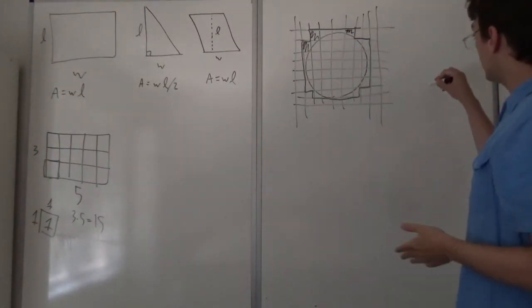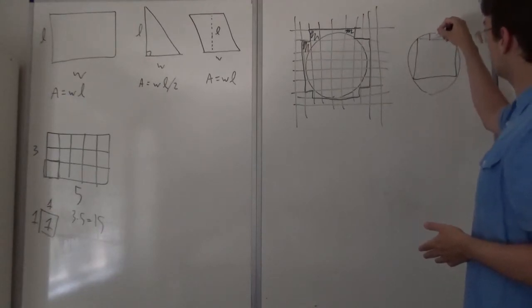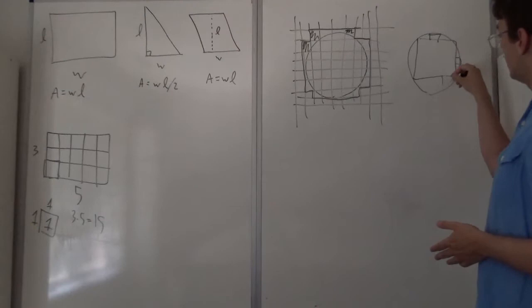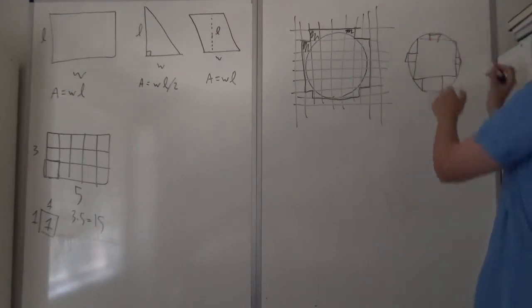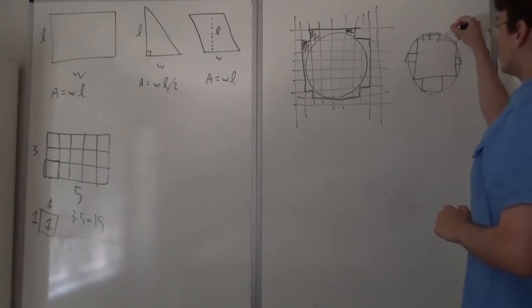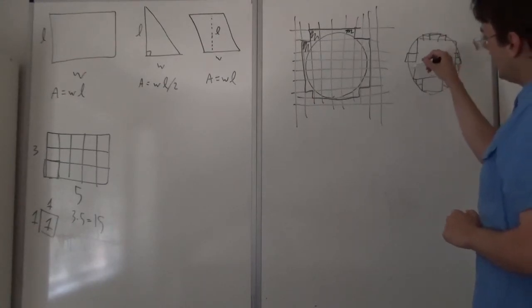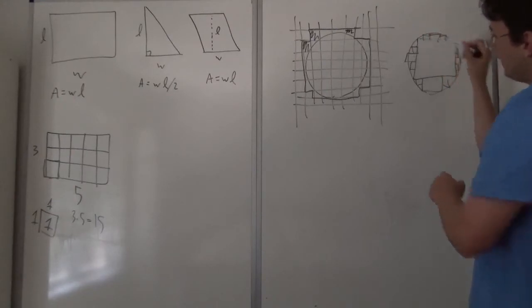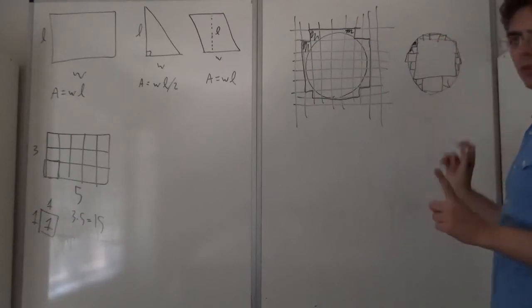Another idea you could have had is, what if I just try to fill this up with squares, like this? But again, these squares are getting more and more difficult to calculate as I make them smaller and smaller, trying to shove in more and more. And still, no matter how many squares I do, there's always going to be some area here that's not fully enclosed.